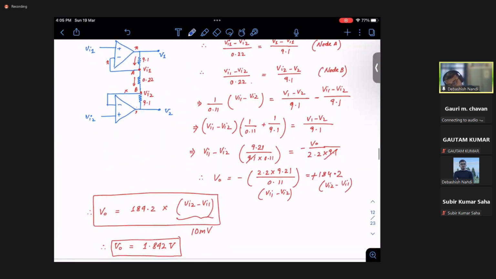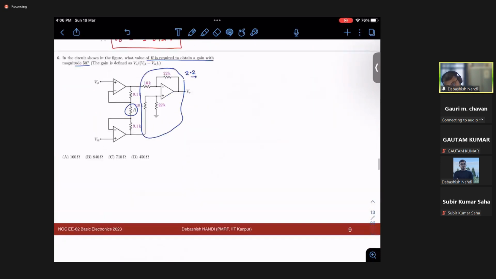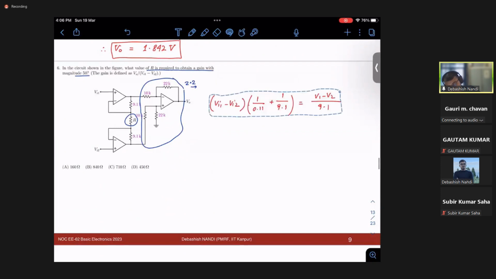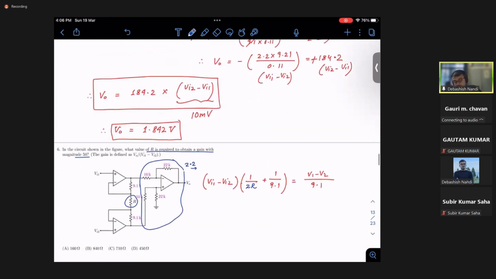Let me just copy this formula, this stage. So in the earlier case, this was 2 by R. This is my V1, this is V2.